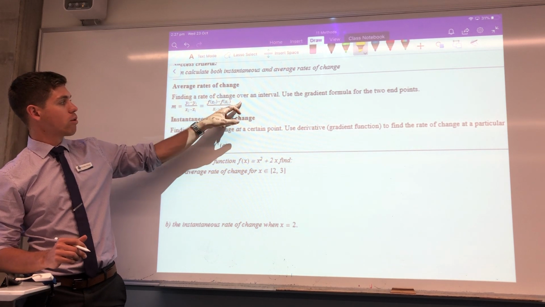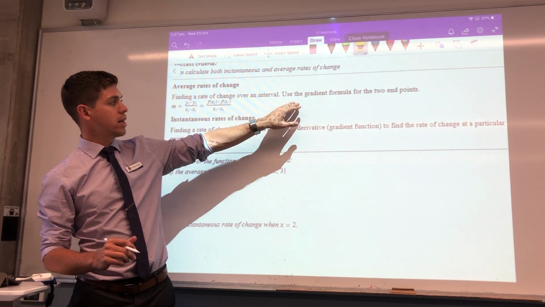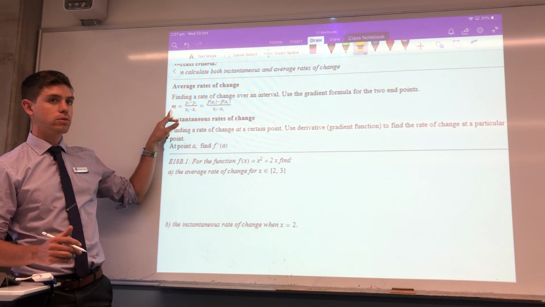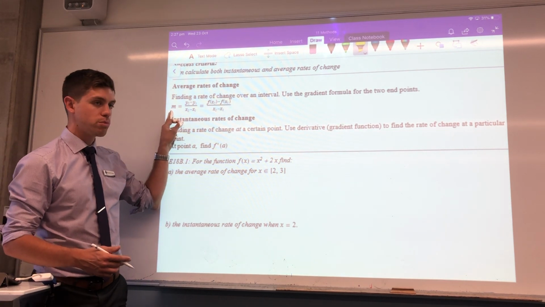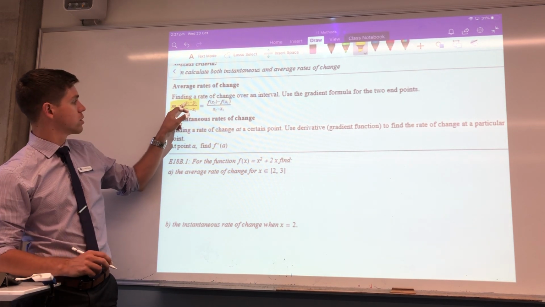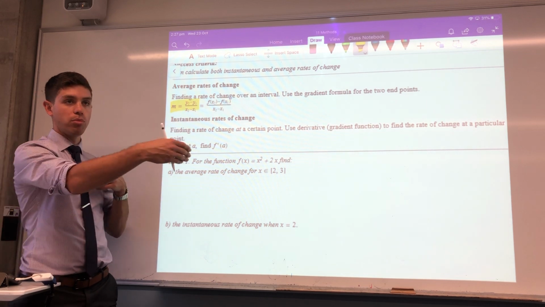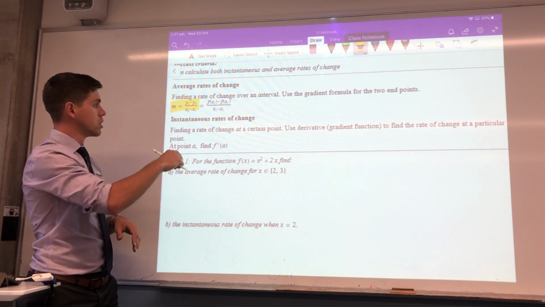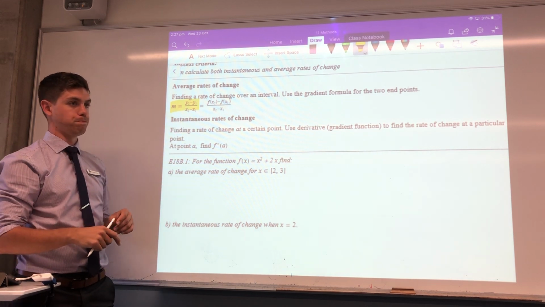Finding a rate of change over an interval, the gradient formula for two endpoints is used. So to link in with terminology that you've used before, we could say that m is equal to y2 minus y1, the range endpoints of the interval, divided by x2 minus x1.